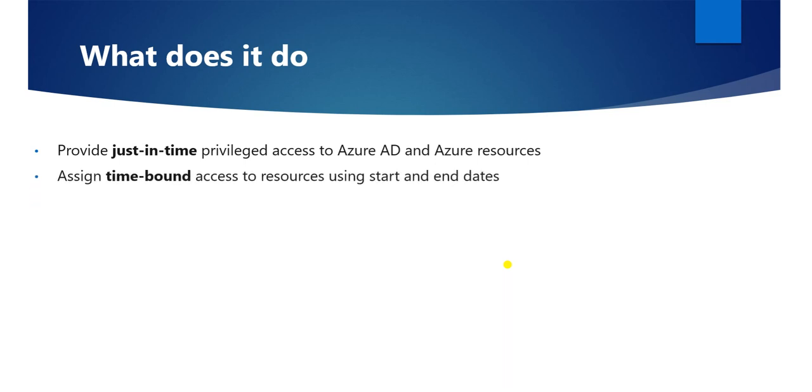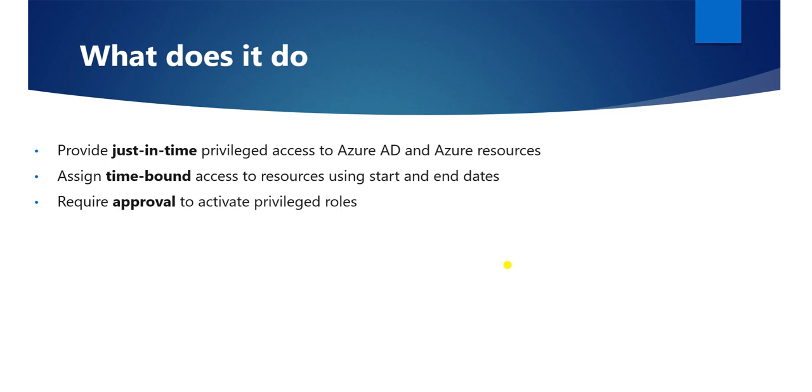Time-bound access is similar to just-in-time: you can define the time range or date range, and for that many hours the user will get access, like admin access. Once the user raises the request, it goes to your approver, like your manager. You have to give the justification why you need this access and for how many hours the access will be in active mode.